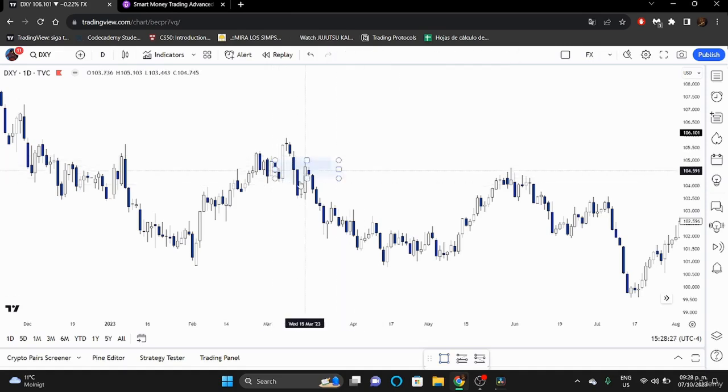I want to see price respect them, because we broke this, we disrespected these down candles, which should support price higher if we were truly bullish, and then we start going lower. What am I looking at right now? Well, first of all, I'm looking at this fair value gap, and this inverse order block right here.